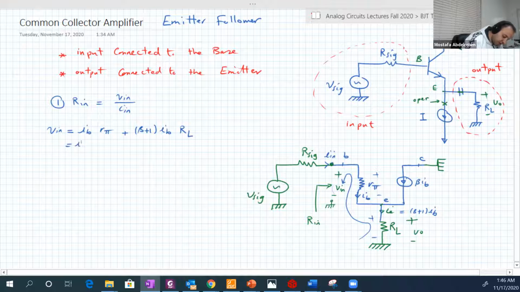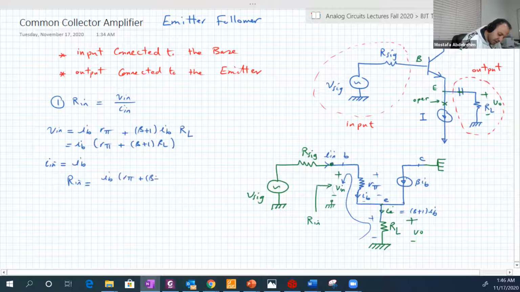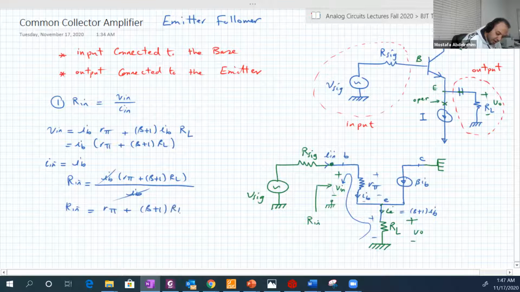Let's take IB as a common factor, so we end up with r pi plus beta plus 1 RL. And I input is basically IB because they are in the same branch. So if we divide these two, IB (r pi plus beta plus 1 RL) over IB, IB cancels with IB, so R in will be equal to r pi plus beta plus 1 RL.